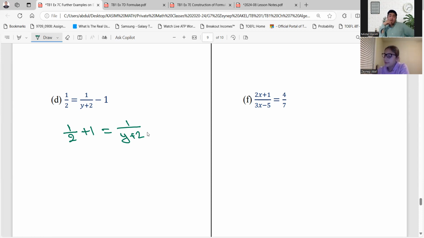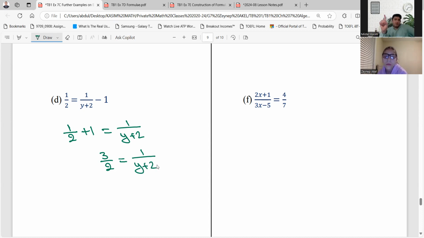And what is 1 over 2 plus 1? 3 over 2. Because 1, I can write it as 2 divided by 2, right? So 2 plus 1 over 2. Now I can write it as 3 over 2 is equal to 1 over y plus 2.